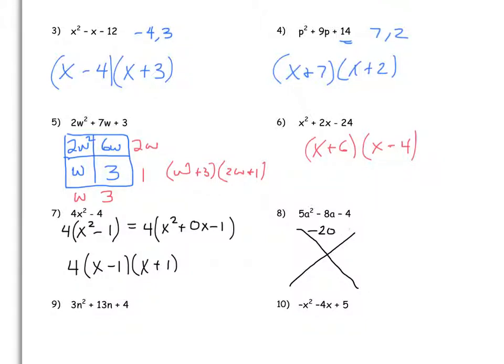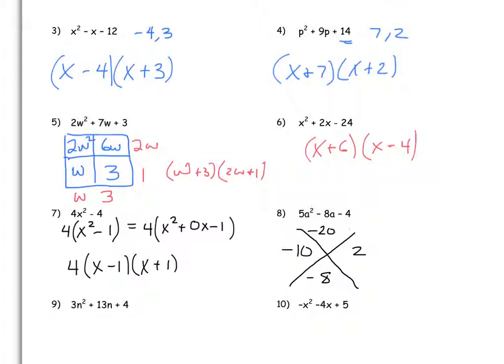And then below it, I put the middle term, negative 8. So I'm looking for 2 numbers that multiply to a negative 20 and add to a negative 8. Let's see, negative 20. With 20s, we got 1 and 20. Nope. We got 2 and 10. Yep. So let's put our negative 10 and our positive 2 right there.